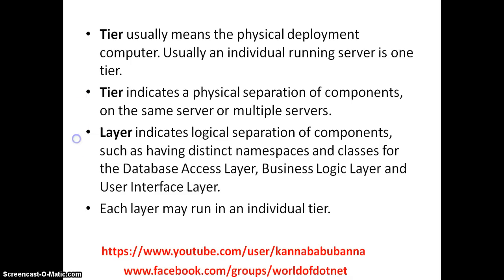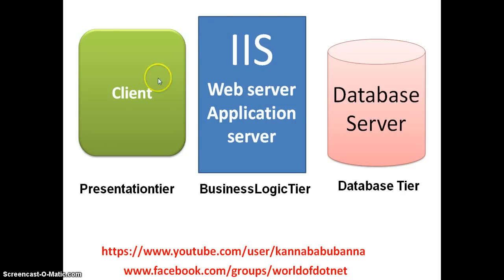Generally, whenever you develop any real-time application, your database will be located in a database server, that is on a separate server machine, and your application is available on a separate server machine, that is a web server or application server, and the client who is trying to access the application will be available on another server.